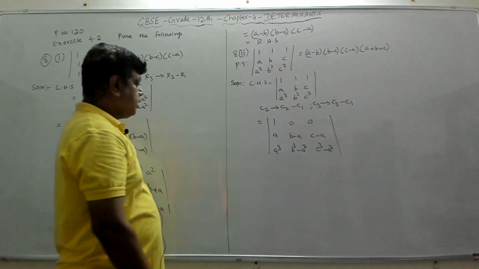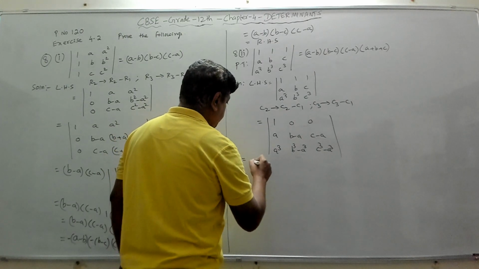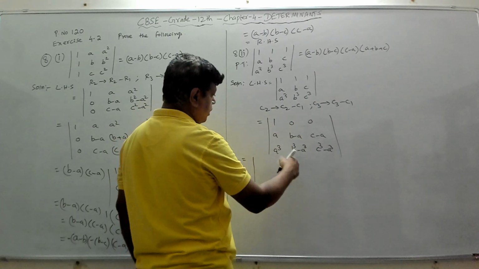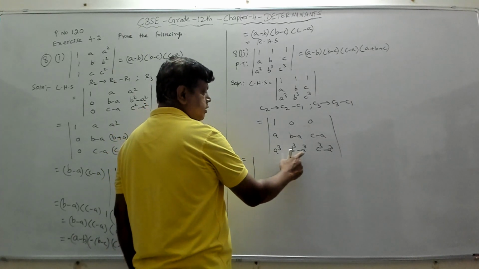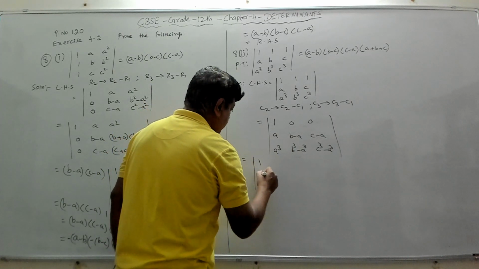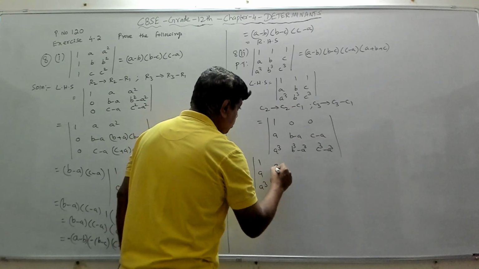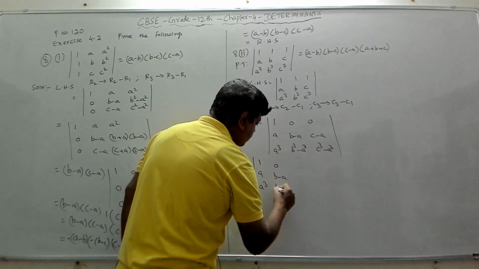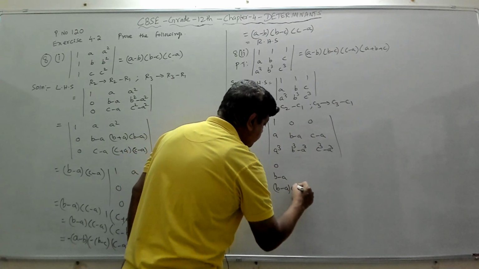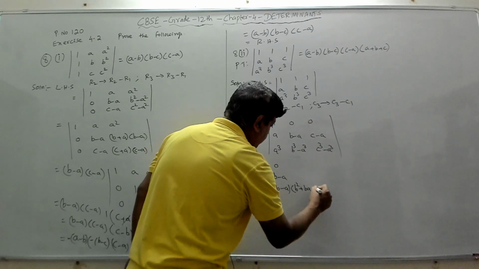Then that is equal to the determinant, where nothing is common at this point. But we are going to apply the B cube minus A cube formula here. So 1, A, A cube; 0, B minus A, and B cube minus A cube can be written as B minus A into B square plus BA plus A square.